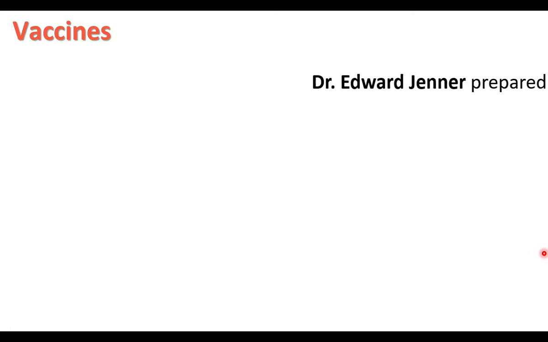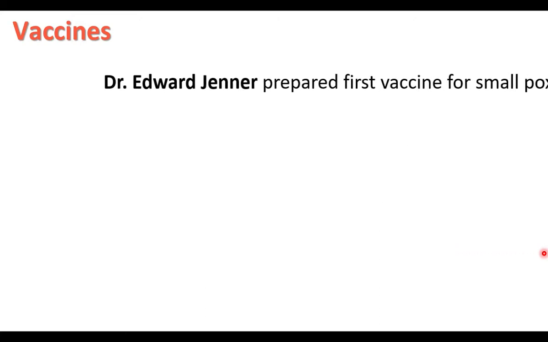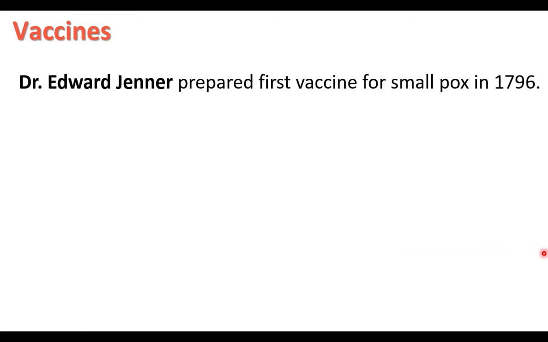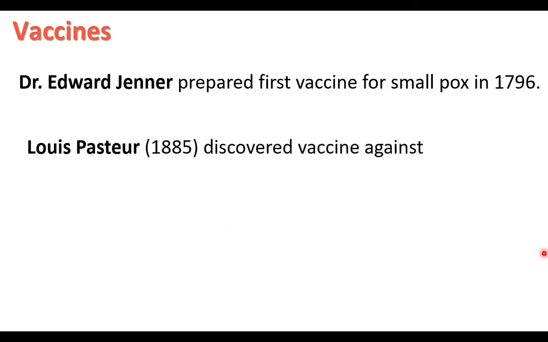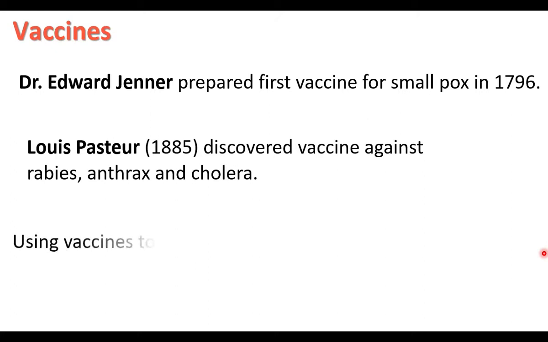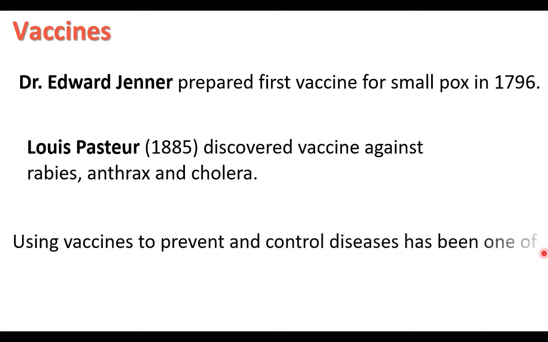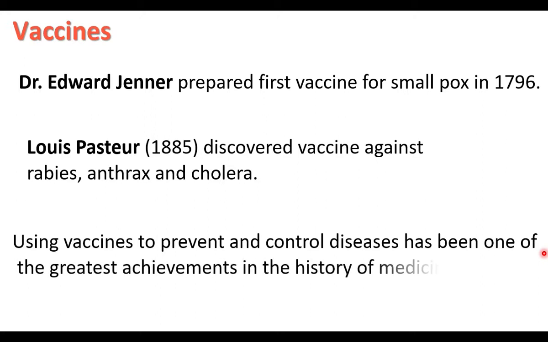Dr. Edward Jenner prepared the first vaccine for smallpox in 1796. A microbiologist, Louis Pasteur, in 1885 discovered vaccines against rabies, anthrax, and cholera. Using vaccines to prevent and control diseases has been one of the greatest achievements in the history of medicine.